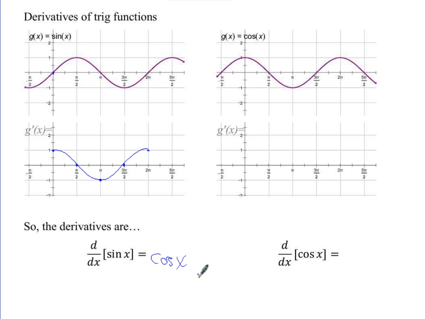Let's do the same thing for cosine now. If we start at 0, the slope of the tangent line there would be about 0. Then we move over to pi over 2, the slope there would be, okay, so a negative 1. And then we move back to pi, so the slope there would be, we're at 0. And then we go over to 3 pi over 2, the slope there seems to be about 1.